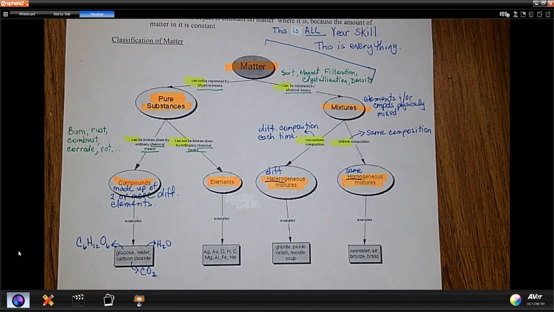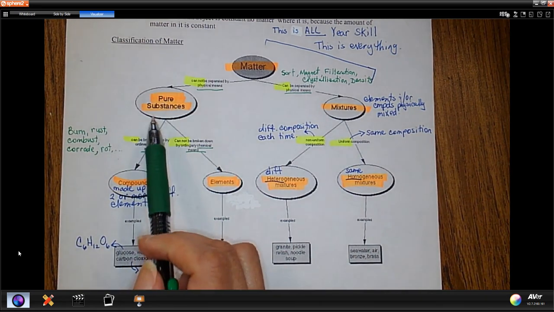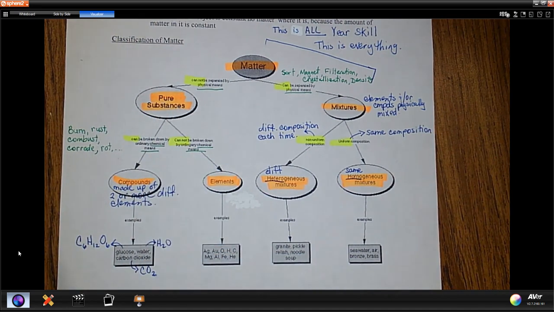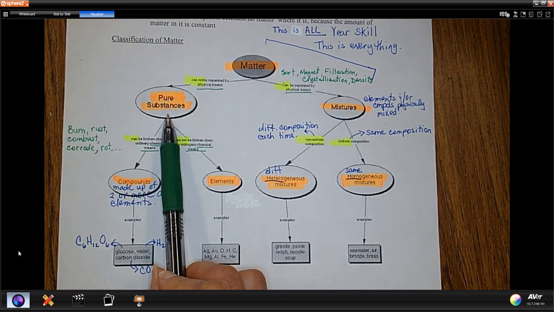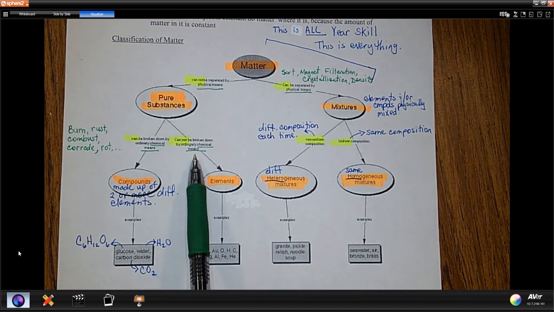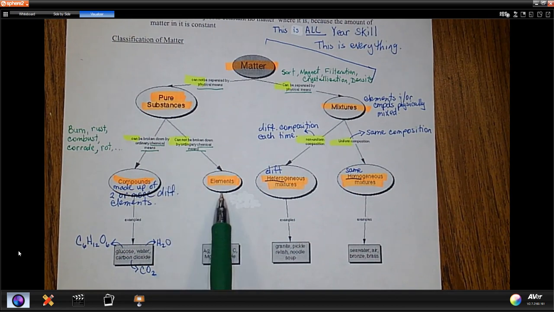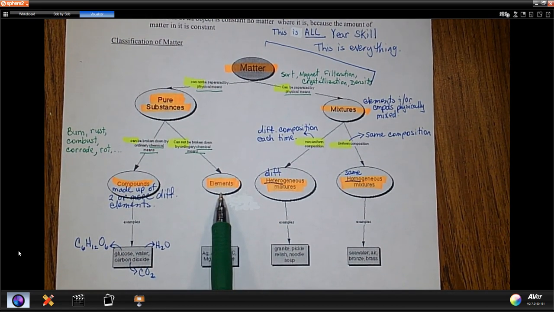Does it, when it corrodes, when it rots, does this pure substance become something else? If your answer to this question is that this pure substance cannot be broken down by chemical means, then we say that this substance is an element.